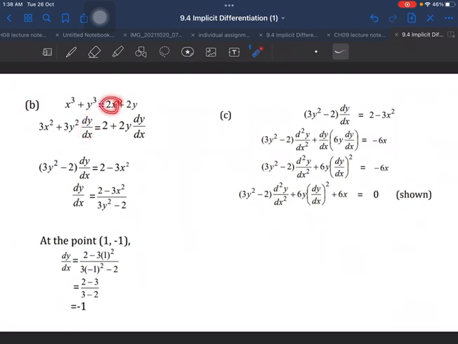Differentiate 2x, we get 2. Differentiate 2y, we get 2 dy over dx.